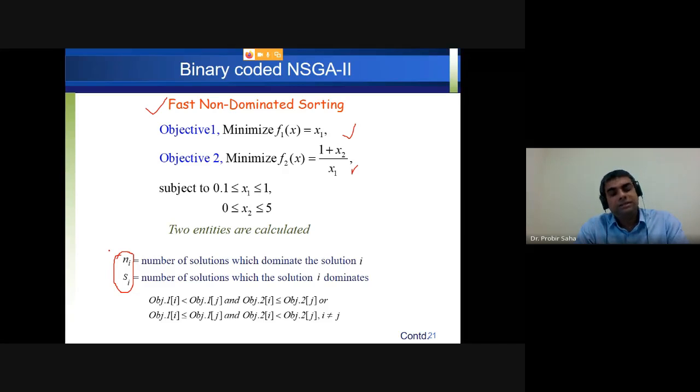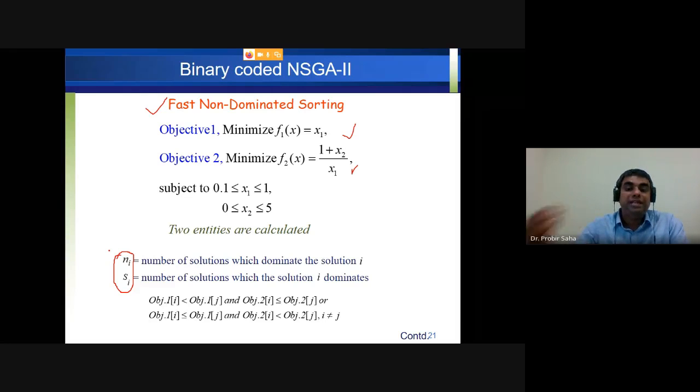So there are 6 solutions; you choose the first solution, compare it with the other solutions, and check how many solutions actually dominate solution i, and how many solutions solution i dominates. So these are the 2 quantities: how many solutions get dominated by solution i, and how many solutions i dominates. Right. So Ni represents how many solutions dominate solution i, and that is called the domination count.